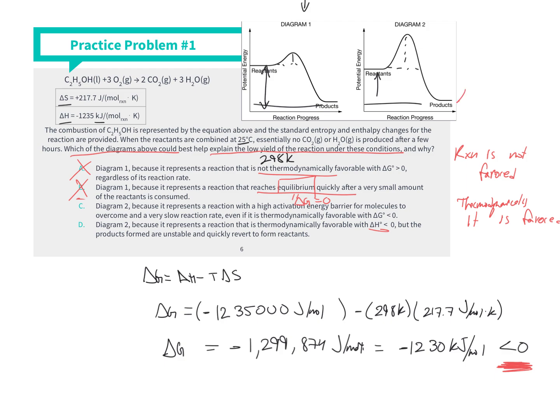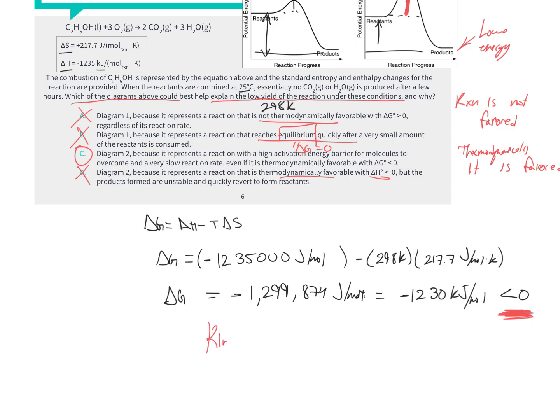This one doesn't really make sense because the products are lower energy, and we don't really tell thermodynamic favorability from delta H. We do that from delta G. So the only answer here is C, right? This activation energy is really high, and so it's under kinetic control. We'll discuss this a little bit more in class, but for now, that's all. Thanks, guys.